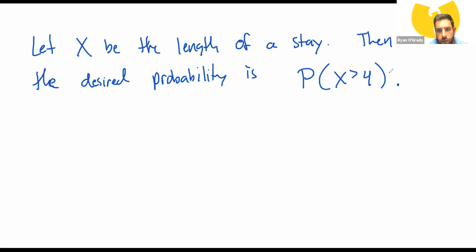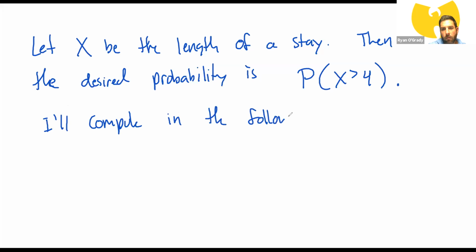So there's a few ways you can do this. You can go right to the internet and calculate it, but you have to be careful. What I'd like to do is do it slightly different. I'll compute in the following way, and I'll call this the old school way.